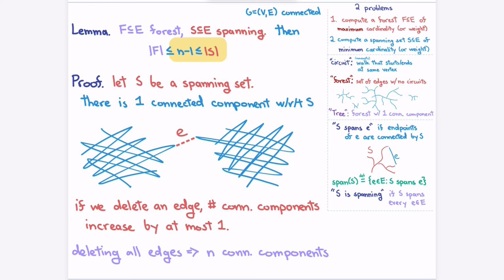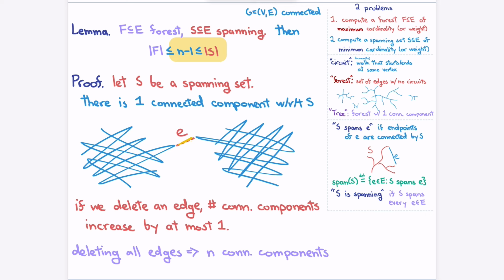Or in a more interesting case, it's an edge across, sort of the last edge, and it'll actually create more connected components, right? But no matter what, you can only increase the number of connected components by at most 1. So if I'm counting the number of connected components as I delete one edge at a time, the number goes up by at most 1. Could be 0, could be at most 1.